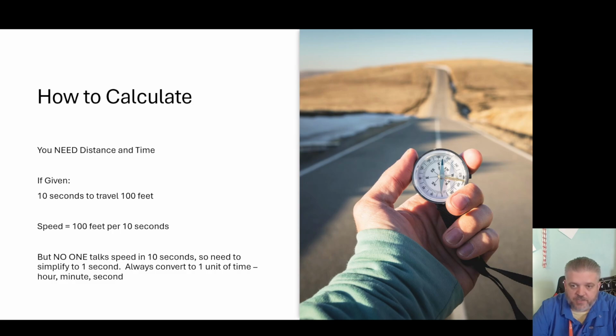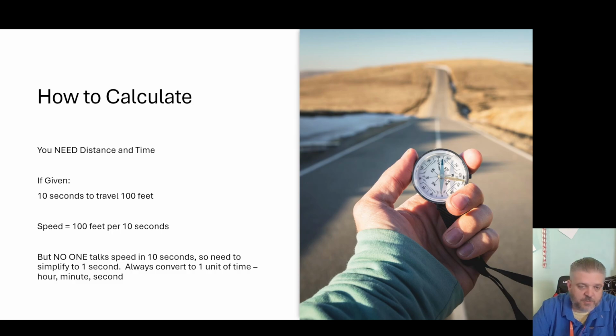So how do we calculate it? Again, you need a distance and you need a time. In our project, we were traveling 100 feet. If we found out that it took our car 10 seconds to travel 100 feet, at a high level, our speed is 100 feet per 10 seconds.